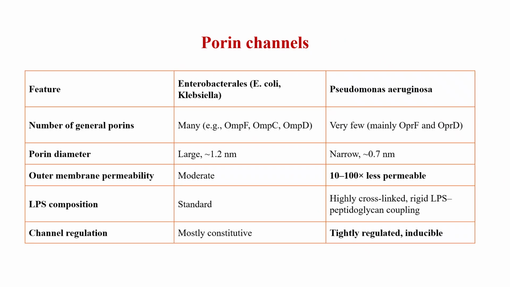There are a number of porin channels even in Klebsiella and E. coli, like OmpF, OmpC and OmpD, and Pseudomonas has very few porin channels. And Pseudomonas doesn't really depend upon porin channels to take substrate from the environment. So the loss of porin channels won't affect the fitness of Pseudomonas. So it is one of the easier mechanisms for Pseudomonas to develop resistance to many of the antibiotics.